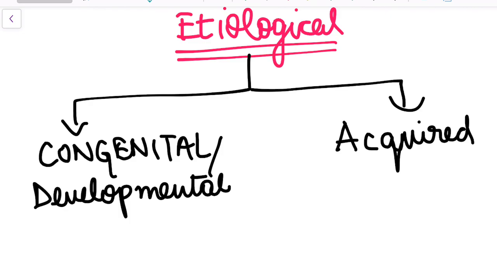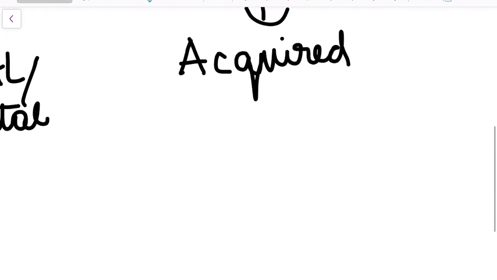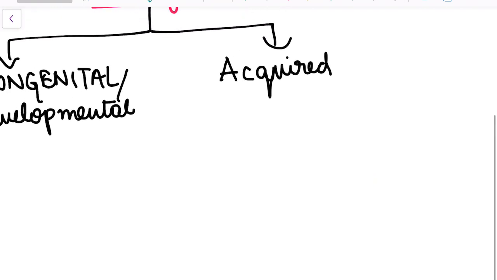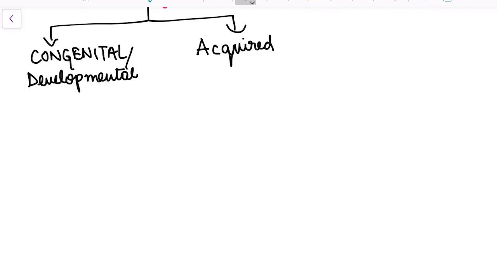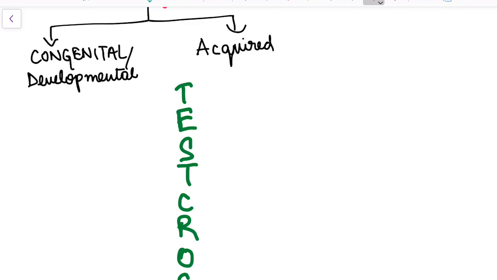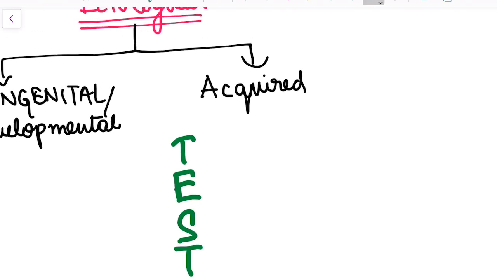Right. So for the acquired, we have a long list of cataracts, but they can be remembered by a mnemonic, which is TESTCROSS. Okay, test cross. From T we have traumatic.